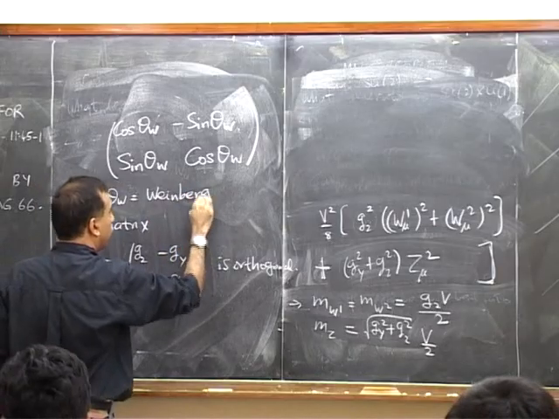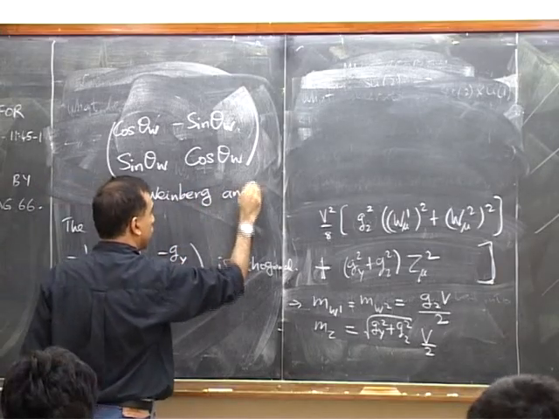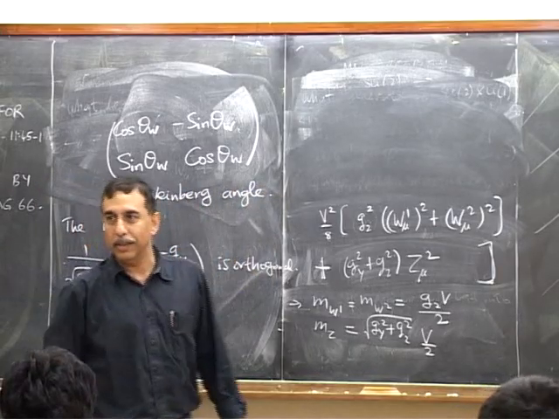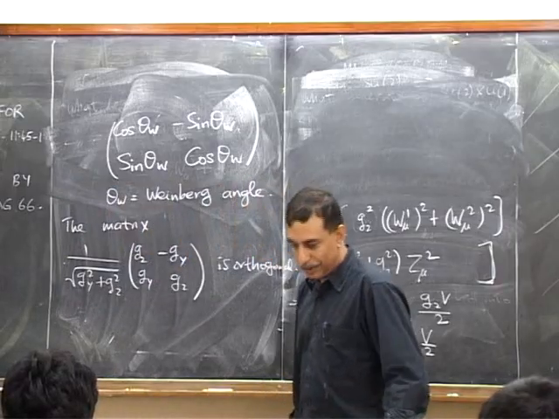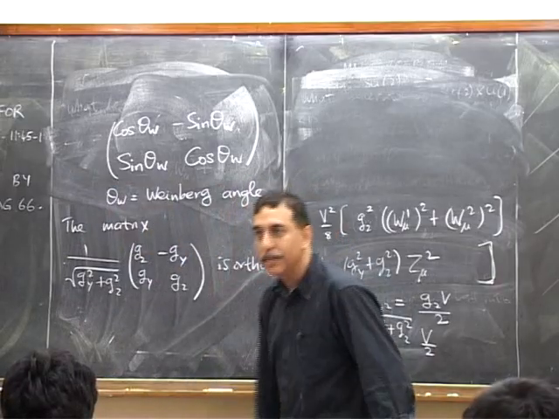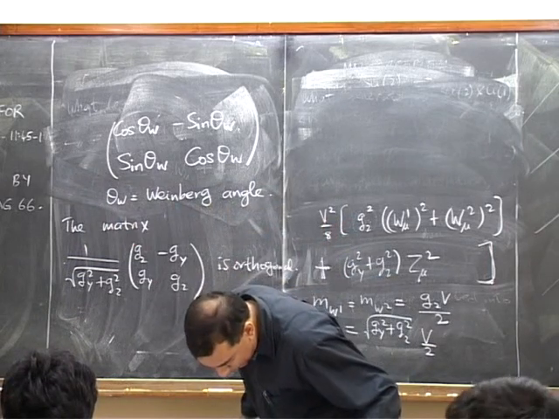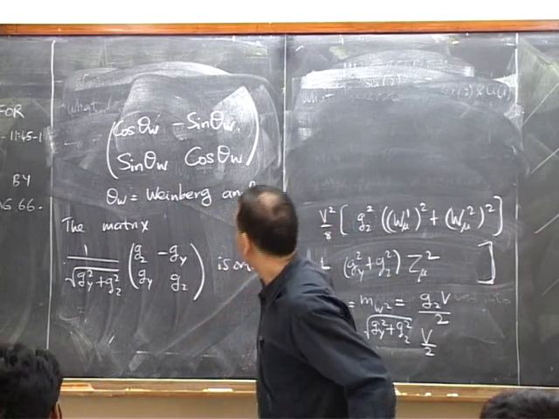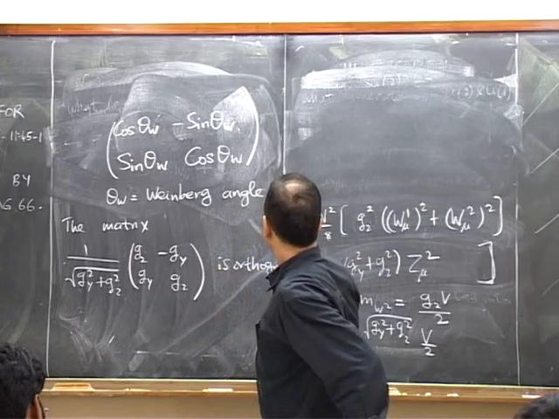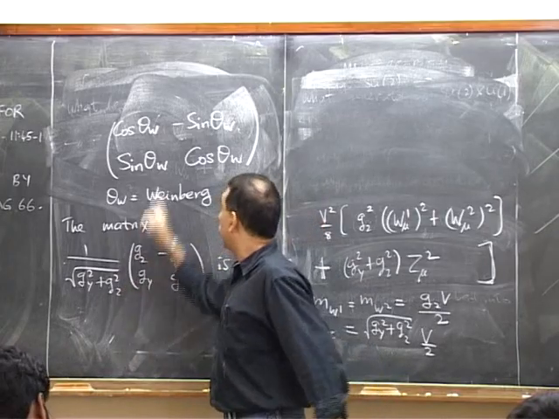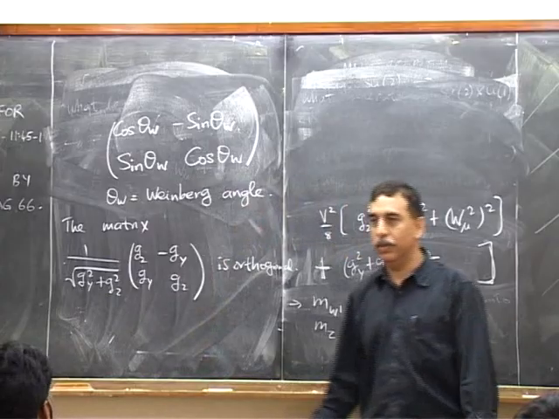I'm trying to remember who it was who claims that it stands for Glashow's weak angle. Salam, maybe. Anyway, good. I think I got it right. Cos theta should be g_2 over the root, and sin theta should be g_Y over the root.